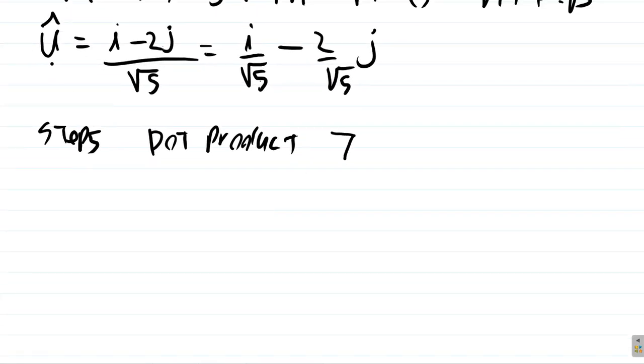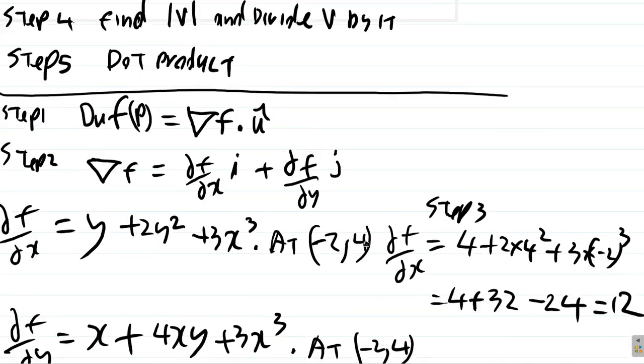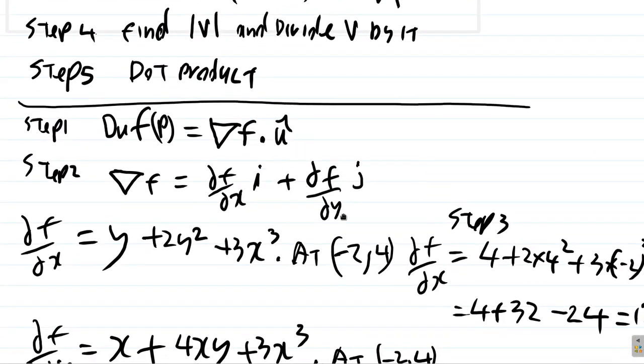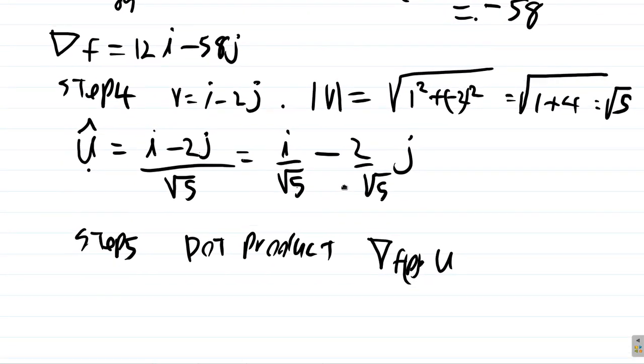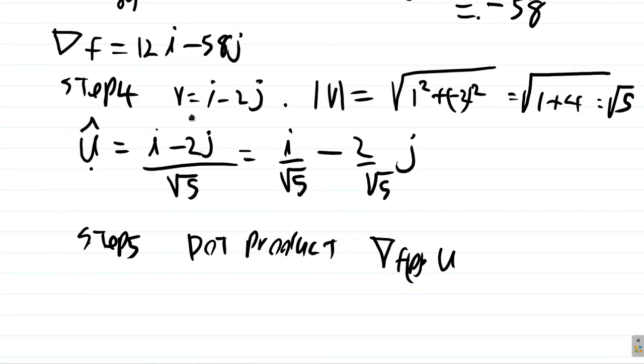So let me write that. Gradient vector dot unit vector. Gradient vector of f at p, the function at p, times the unit vector.